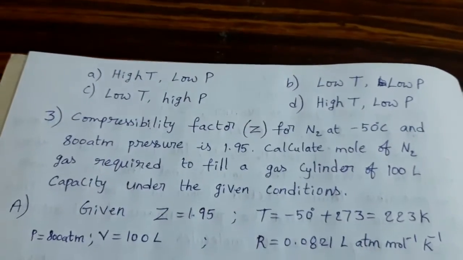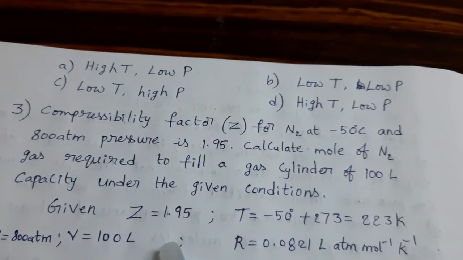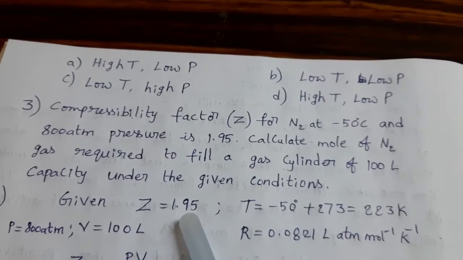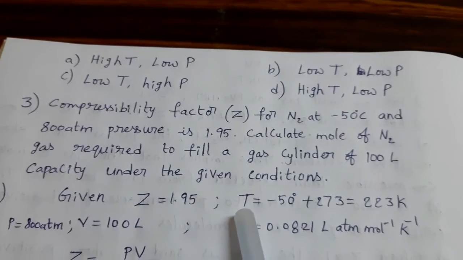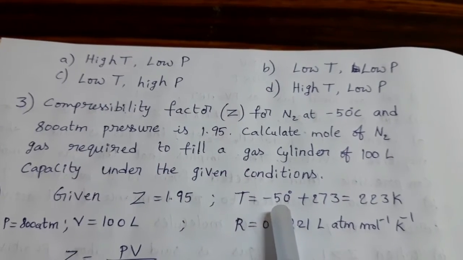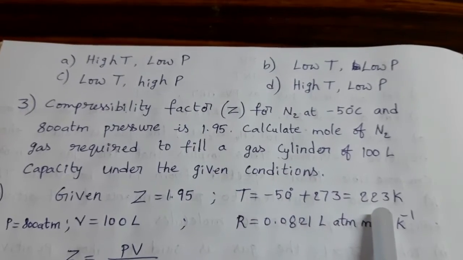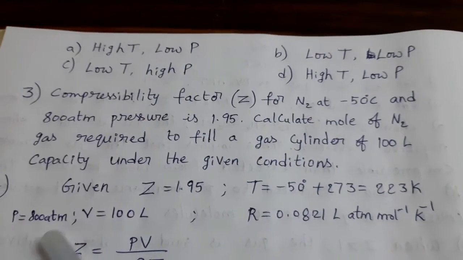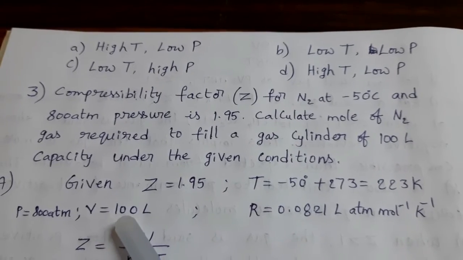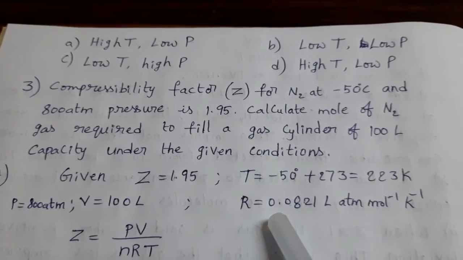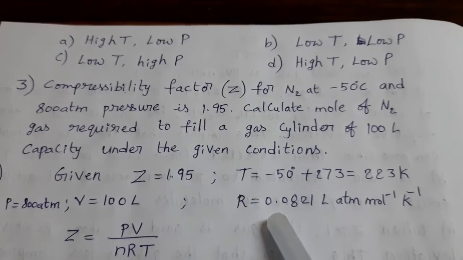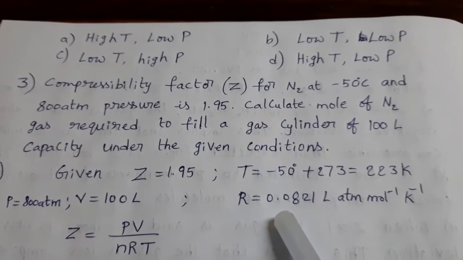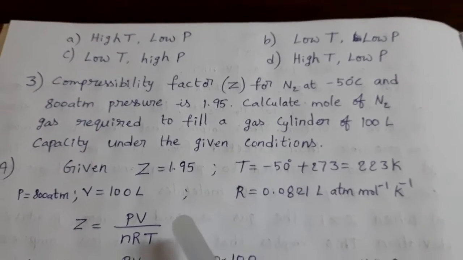First write down given values. Z equal to 1.95, temperature equal to minus 50 degrees Celsius, in Kelvin scale 223 Kelvin, pressure 800 atmosphere, volume 100 liters, universal gas constant 0.0821 liter atmosphere mole inverse Kelvin inverse.